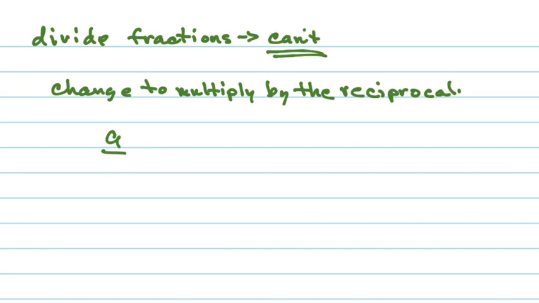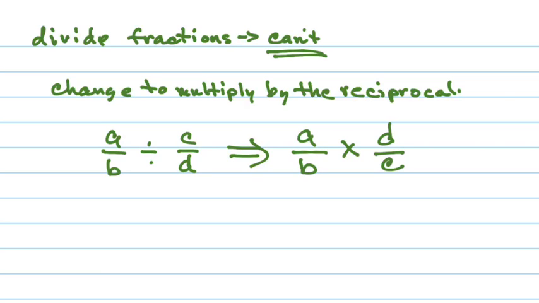So if you have A over B divided by C over D, that simply becomes A over B times D over C.